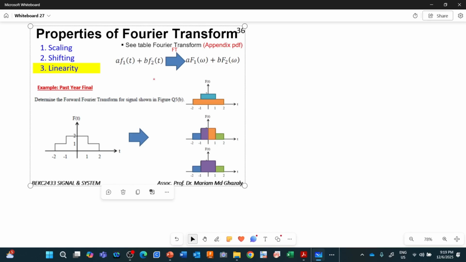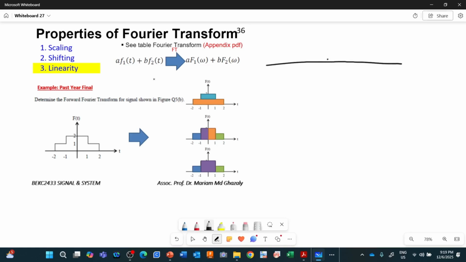Okay, how we are going to go about this solution. So draw first. -1, -2, 1, 2, amplitude 1. Sorry, not 1, 2, 2 and 1, 2 and 1.